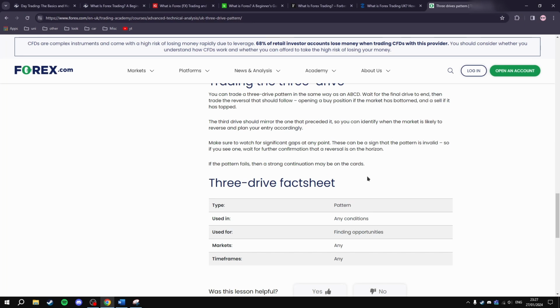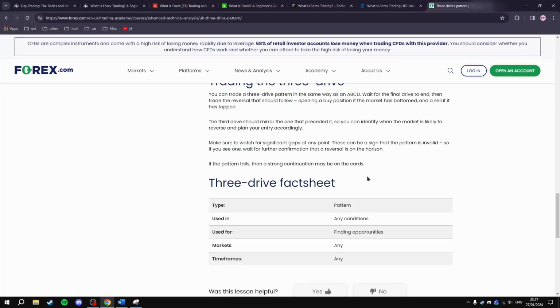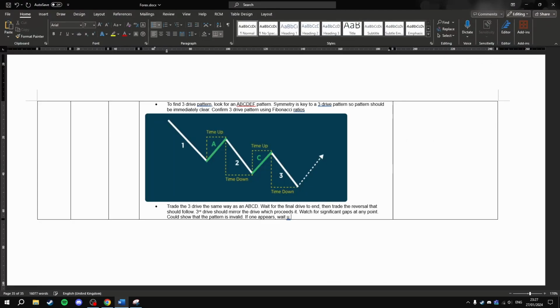So if you see one, wait for further confirmation that a reversal is on the horizon.